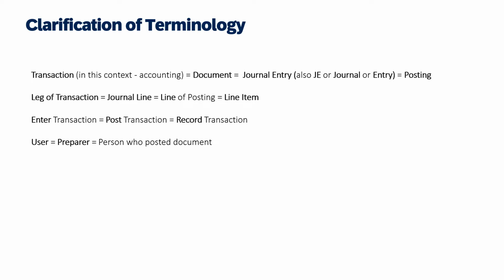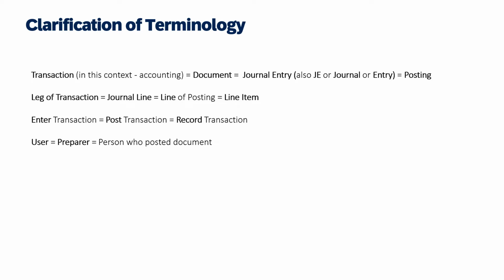We are also talking about journal entry, or shortly JE, or entry or journal, which come from accounting theory. They are quite similar to the term posting, which is more commonly used in the SAP world. So all these words, transaction, document, journal entry, journal, or posting, are similar in our context.